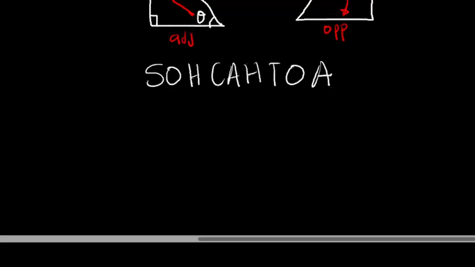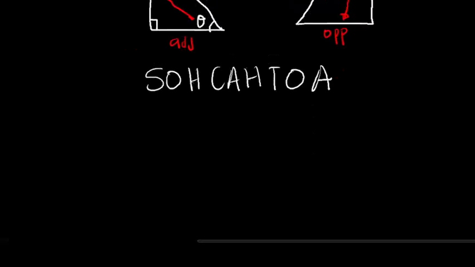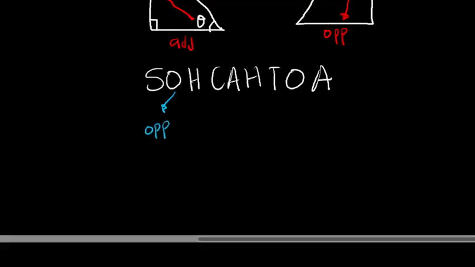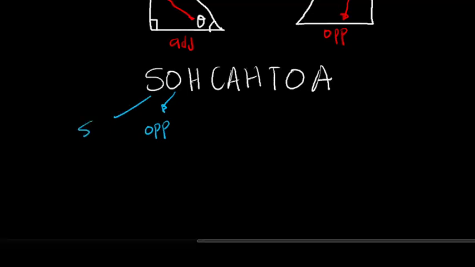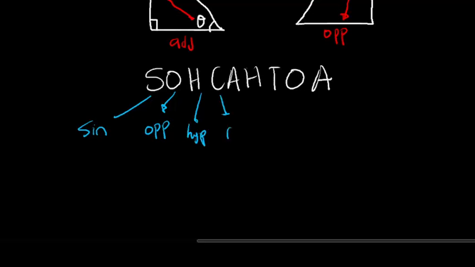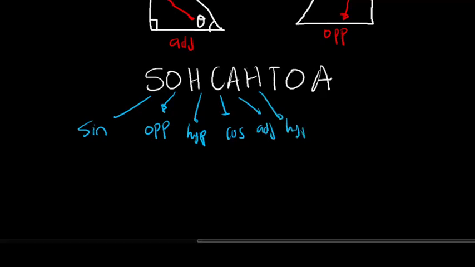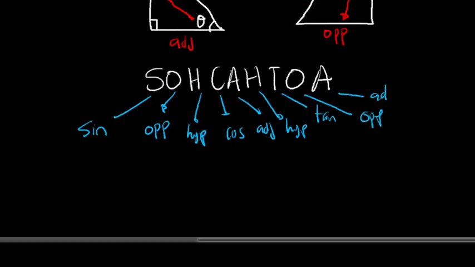Now what is the meaning of this thing I just wrote? Like I said earlier, O is opposite, S is sine, H is hypotenuse. C is cos, A is adjacent, H is hypotenuse, T is tan, O is opposite, and A is adjacent.